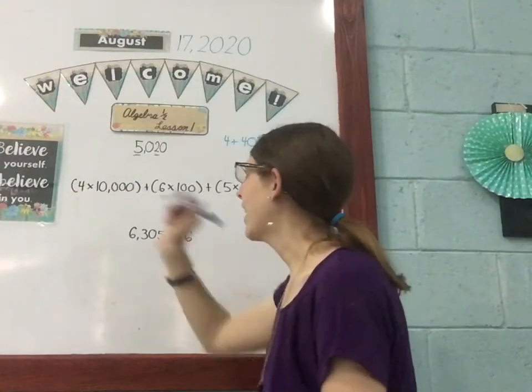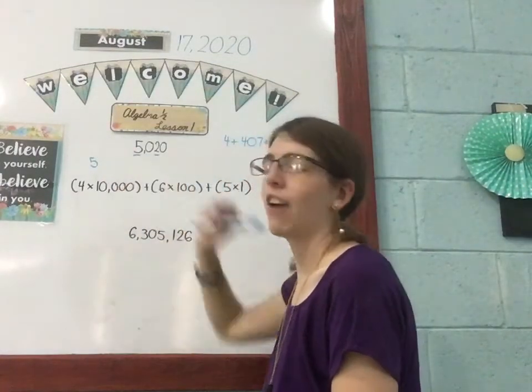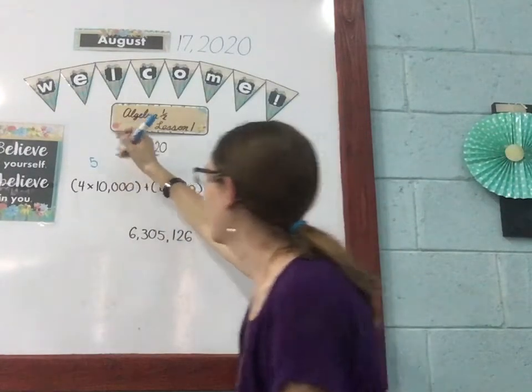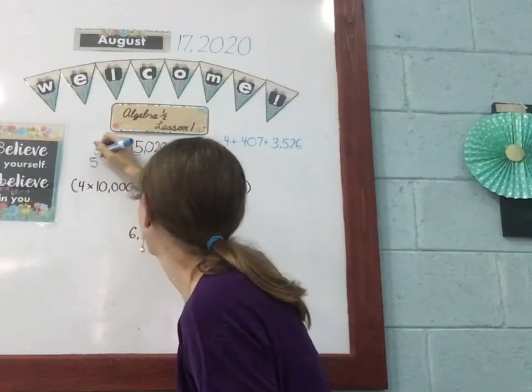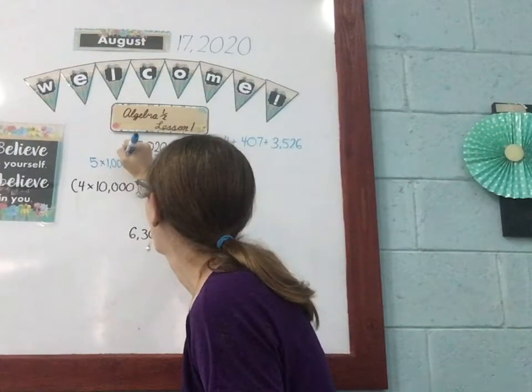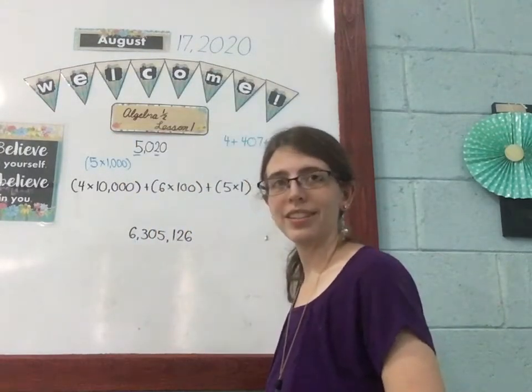So you write that digit, then you multiply it by the value of the place that it's in. So the 5,000 is in the thousands place. The 5, I should say, is in the thousands place. So it's 5 times 1,000. And then you close that in parentheses.